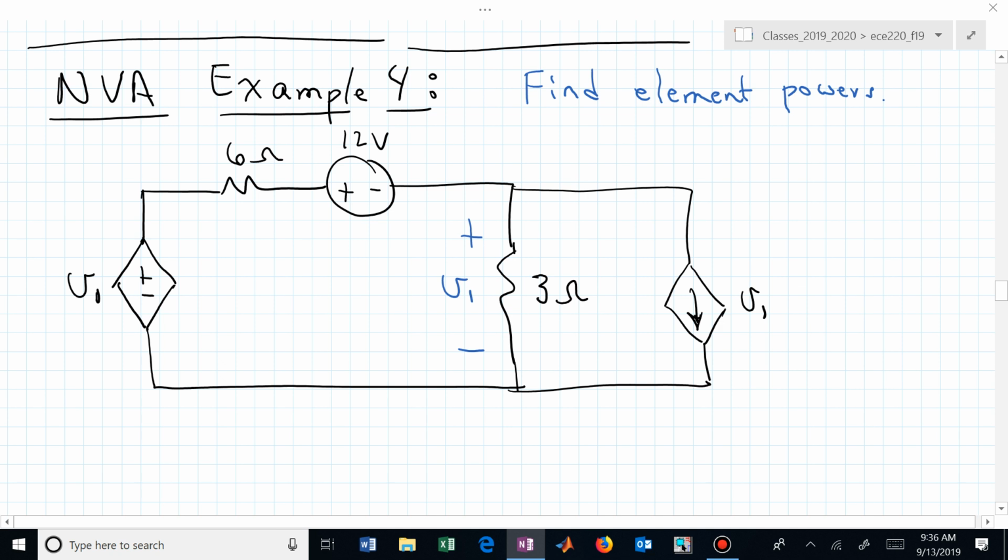So we have a variable in our circuit that other sources depend on. We have two dependent sources and we have an independent voltage source. And we want to now figure out what are all the powers on each of these individual elements.